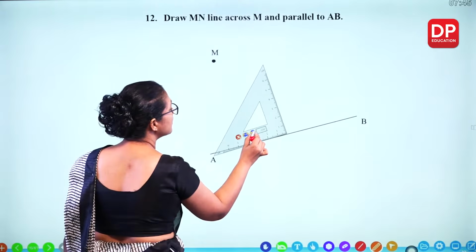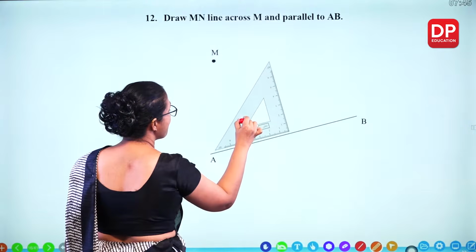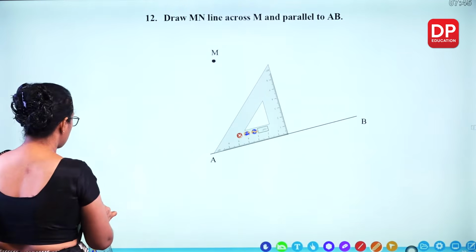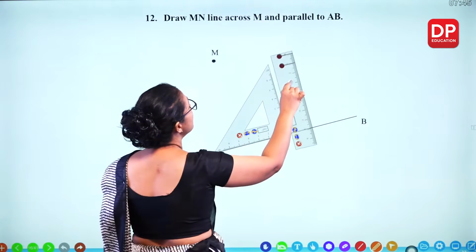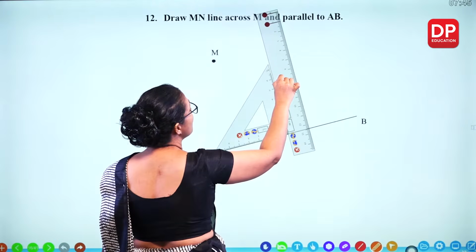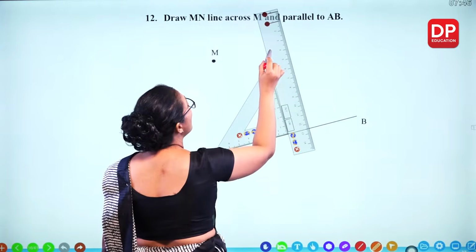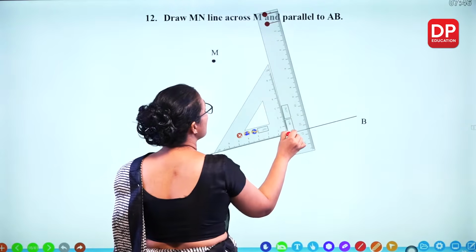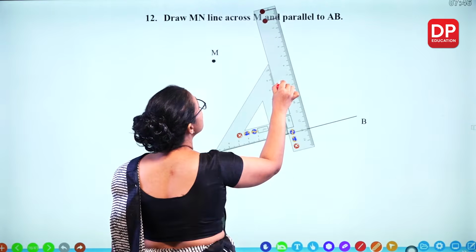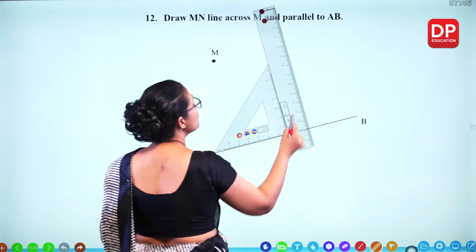So like this. And then take the straight edge, that's the ruler, and keep it on top of this set square on the other edge. So I can first keep it properly like this. So touches the set square one edge with the ruler like this.